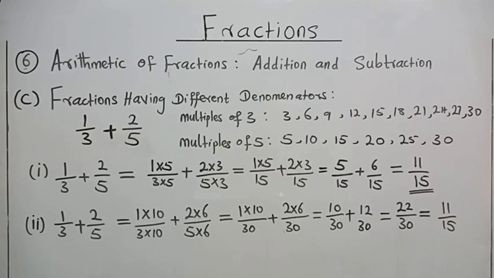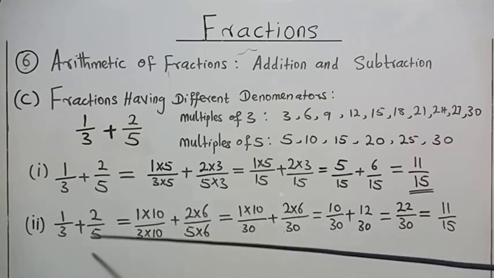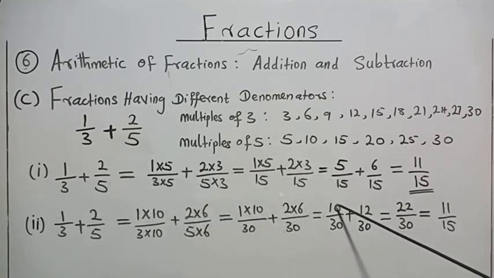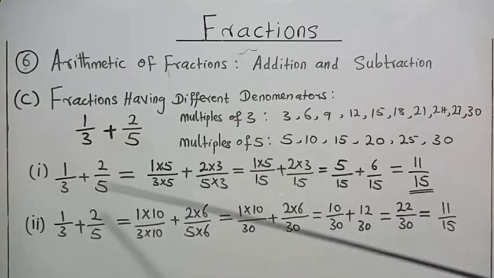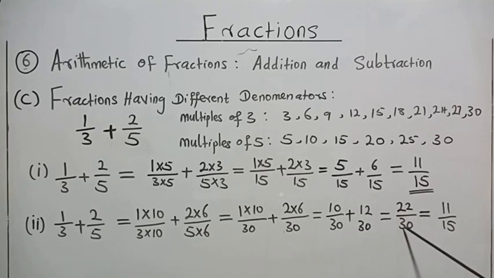Again, why is it easier to add these two than these two? It is because 10 picked out of 30 added to 12 picked out of the same 30 is much easier. If you pull 10 together with this 12, you have 22 picked out of 30. Therefore, the answer to this number operation is 22 over 30.